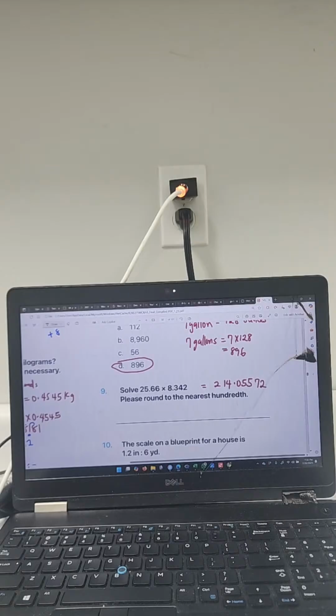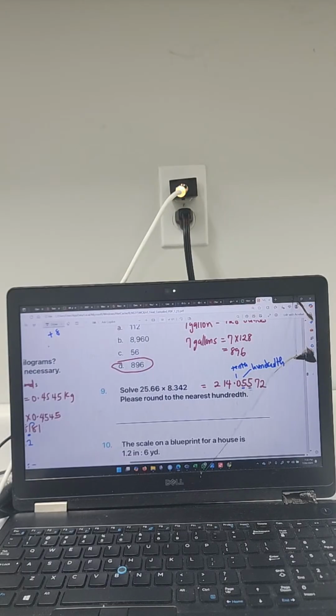Okay, so this is pretty much easy. Now the question says round to the nearest hundredths. This is the tenth. This is your hundredth. This is thousand, this is 10,000, this is 100,000. So this is nearest hundredths. Now look at it.